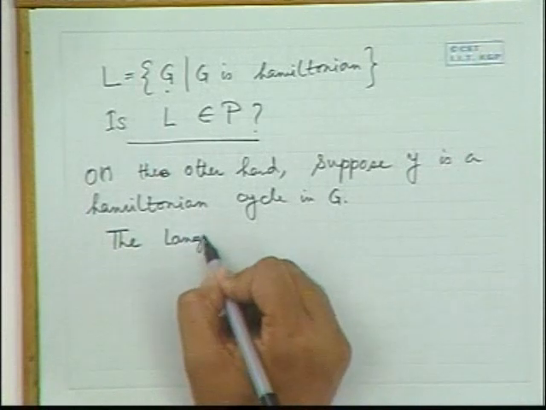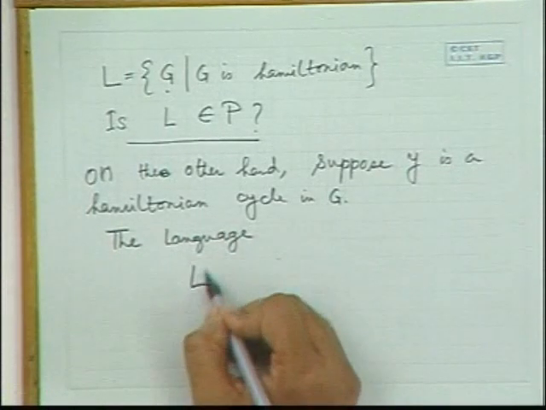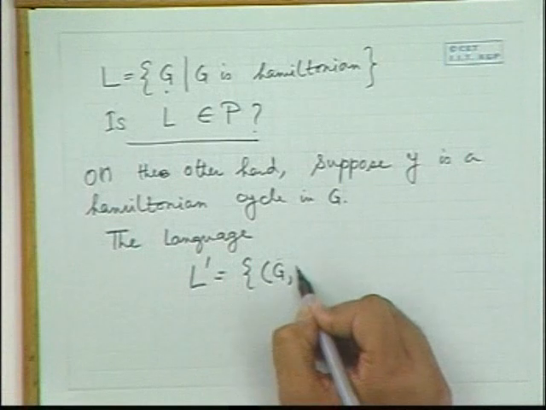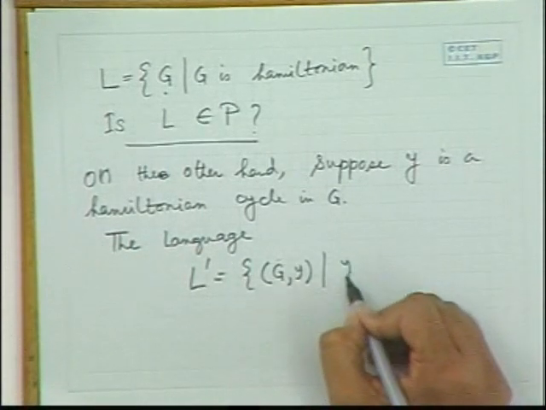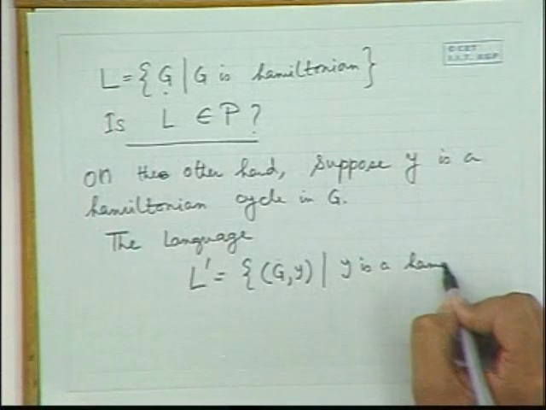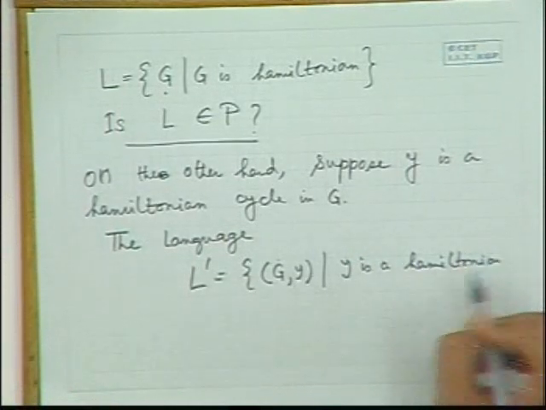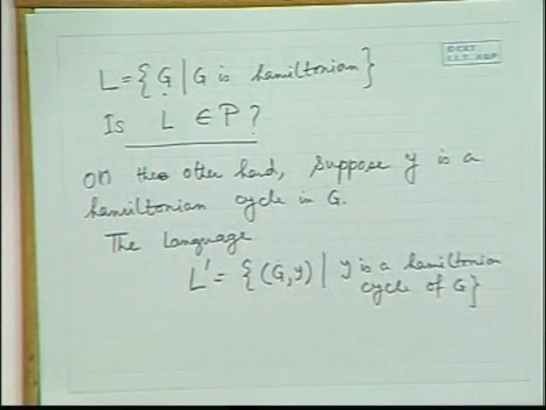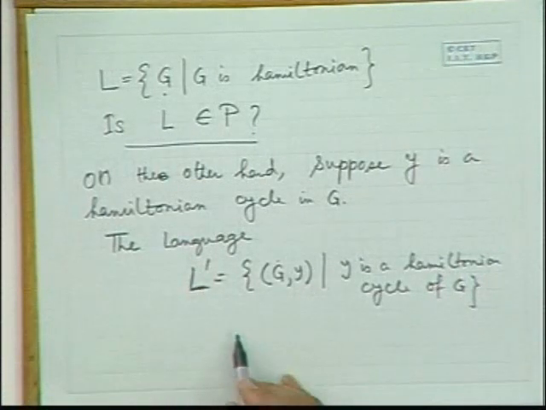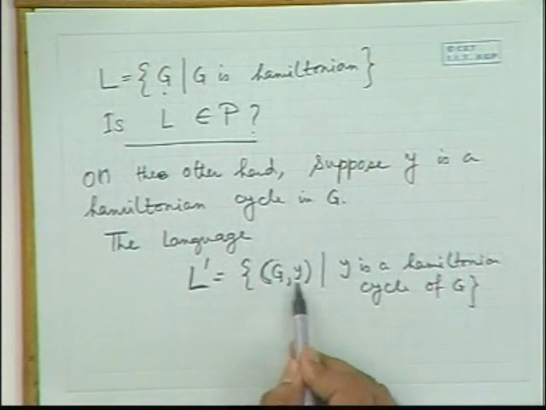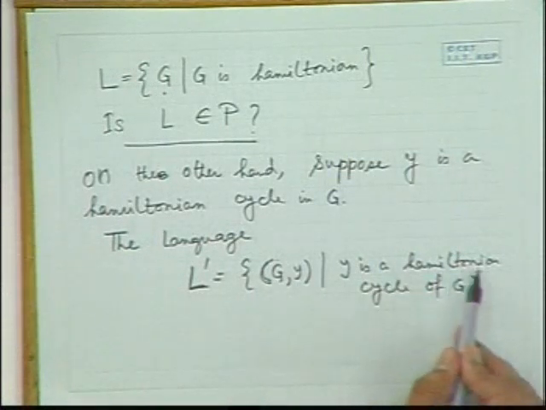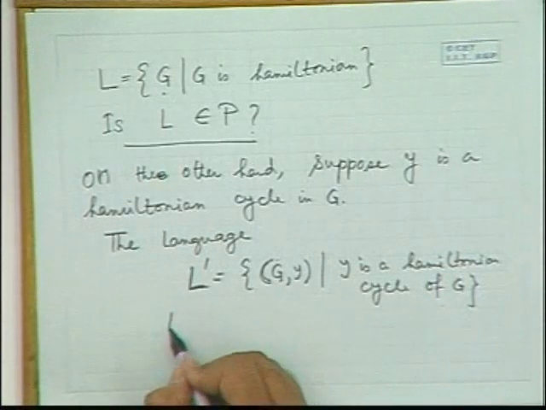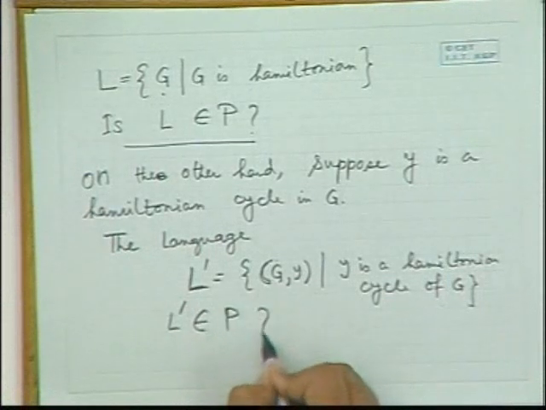The language L prime, I am defining a new language which is an encoding of G and Y such that Y is a Hamiltonian cycle of G. So here is a new language L prime which takes the encoding of G and an encoding of Y, where Y is a Hamiltonian cycle of G. And then we are asking whether L prime belongs to P or not.